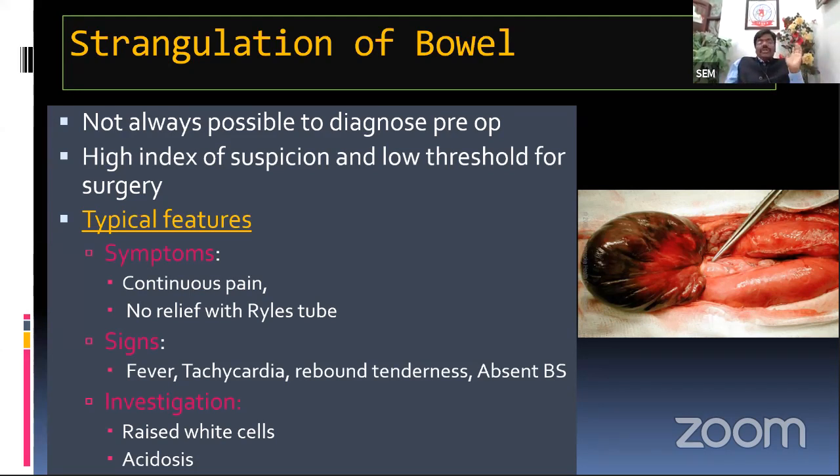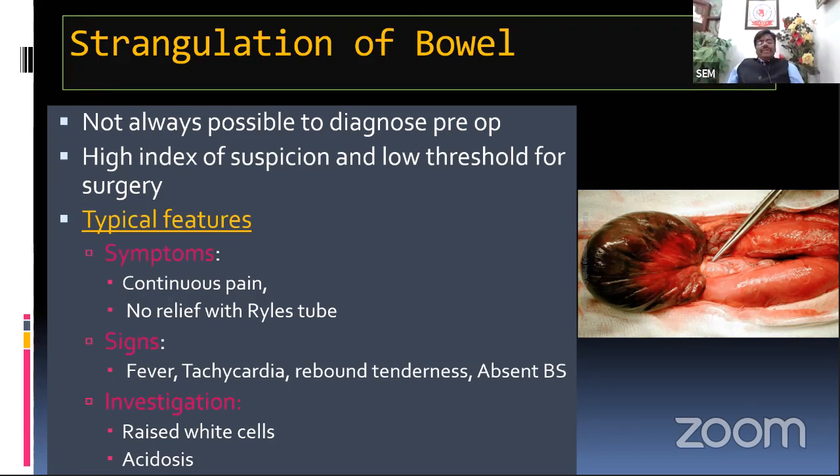As here in strangulated bowel, Ryle's tube aspiration has no effect on the intensity of the pain. So that is another indirect evidence. You have to write patient's pain continuously present. I have given 2 doses of pethidine, no relief. Ryle's tube inserted, no relief. I suspect strangulation. Like that you have to write.